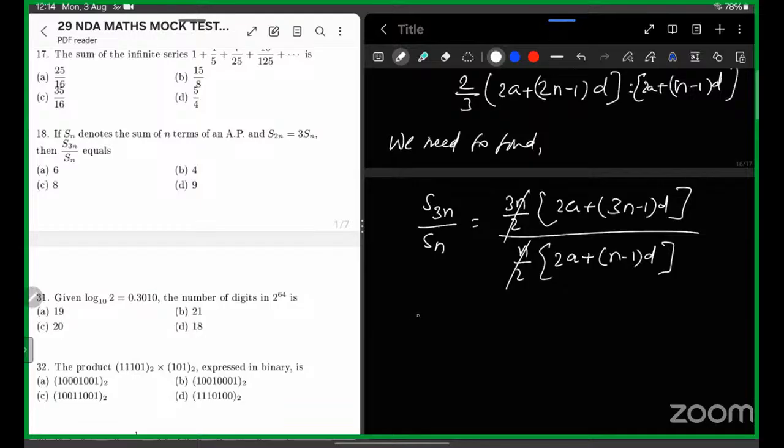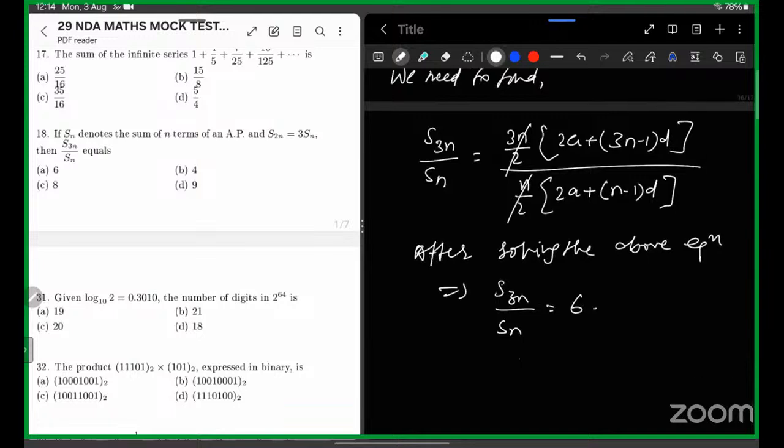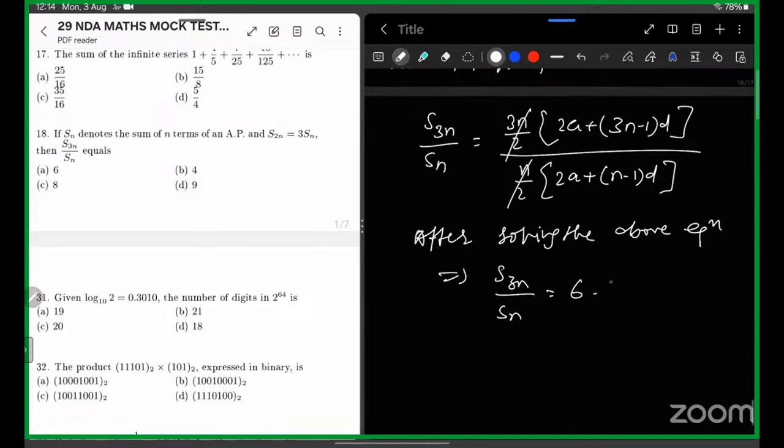So after solving the above equations, we will be getting this ratio S 3n upon S n equal to 6. Option number A.